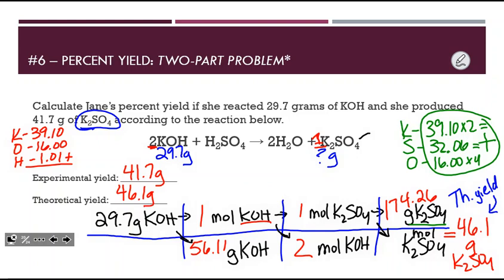Now we can do our lovely calculation. We have the experimental over the theoretical times 100, 41.7 over 46.1 times 100.